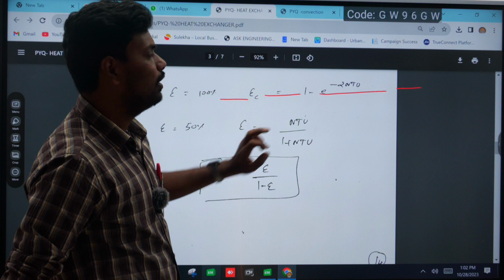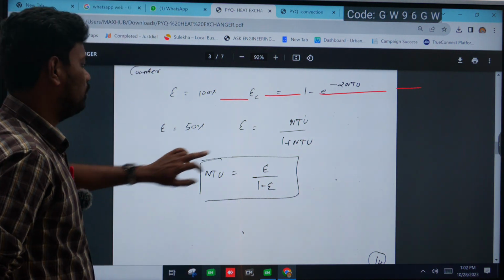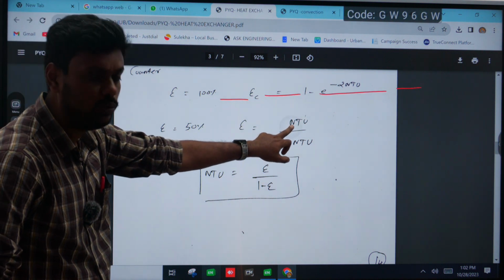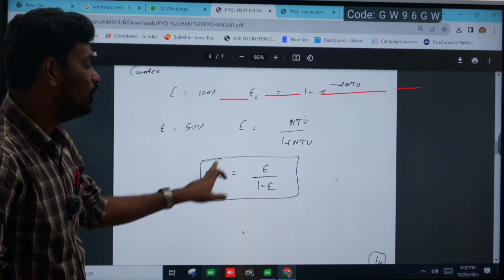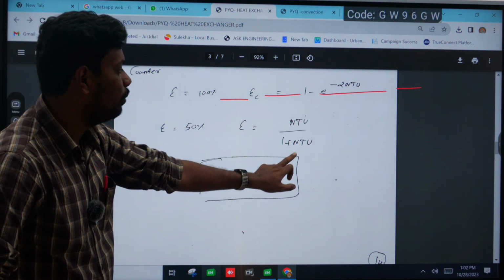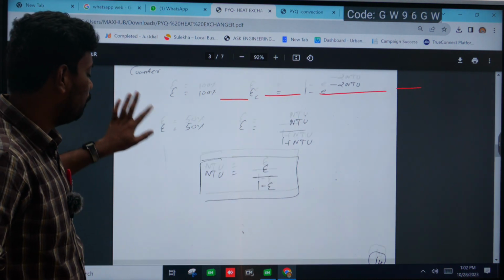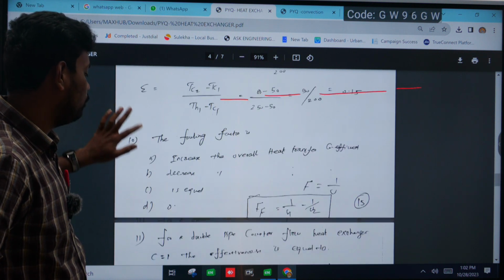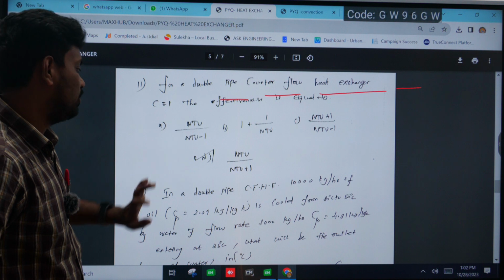This is when the capacitance ratio is equal to 1. So remember this. If they ask effectiveness, you have to solve by NTU. If they ask NTU, then you have to solve by effectiveness. So effectiveness is equal to NTU by (1 plus NTU). That is the formula for the effectiveness when C is equal to 1. So this is the answer for that.